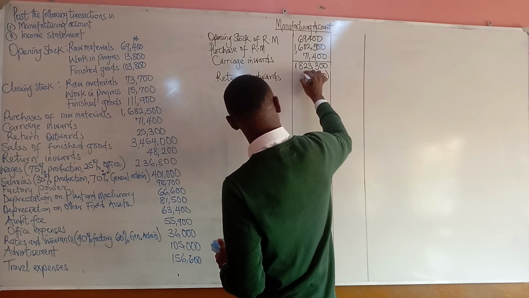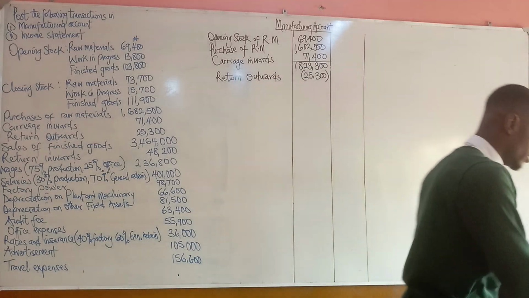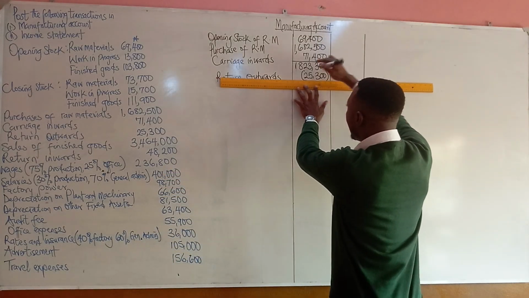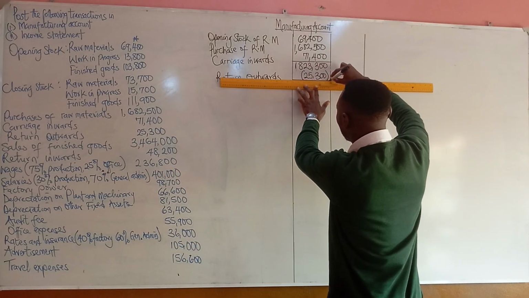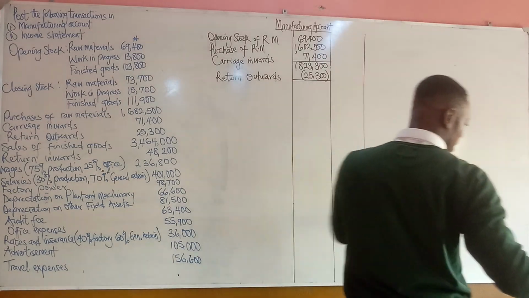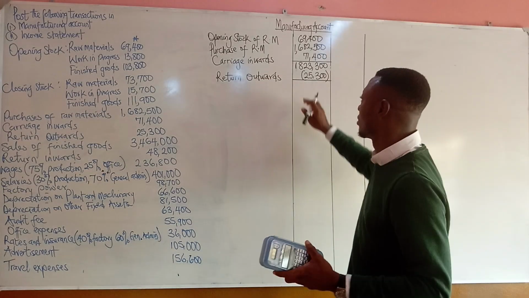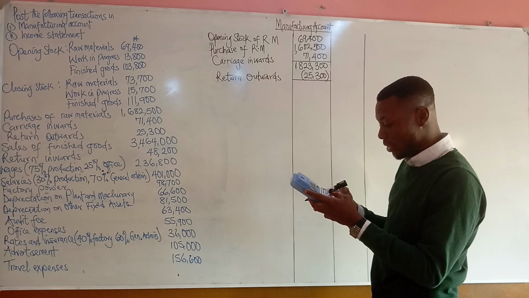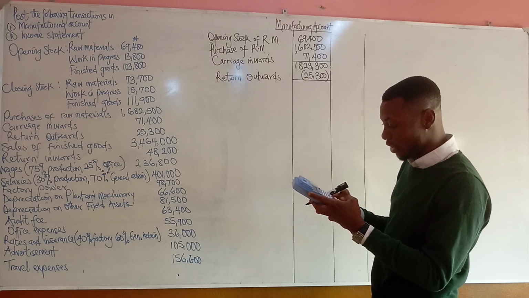25,300. Now, if you've been following me, you always know that in accounting, any number you are subtracting will always be in bracket, parentheses. So this will give me minus 25,300.